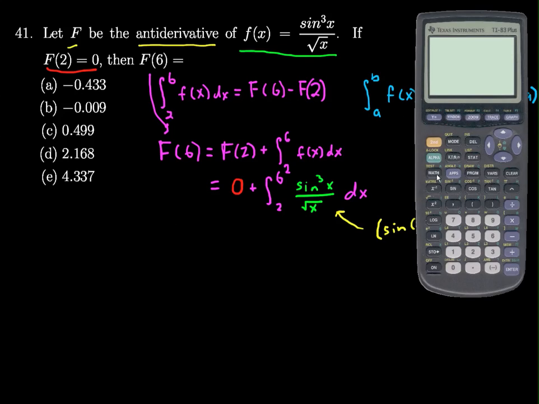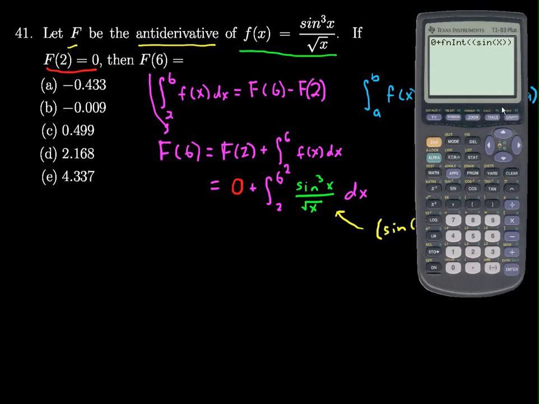Alright, so math, I said before, it's down on the list, number 9. You can scroll down and see it. I'm going to put in my function. Actually, first let me put in the 0 plus. It doesn't make a difference, but what the heck. So 0 plus math fnInt, sine of x, close that parentheses off, don't press tangent, close that one.